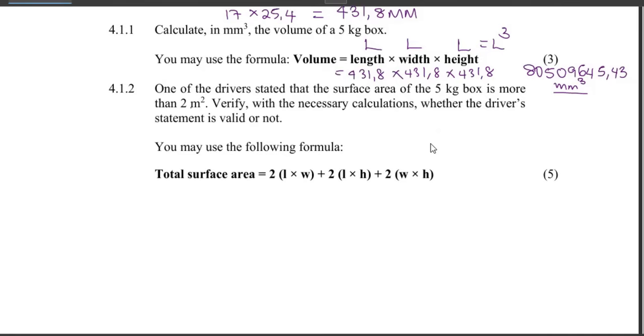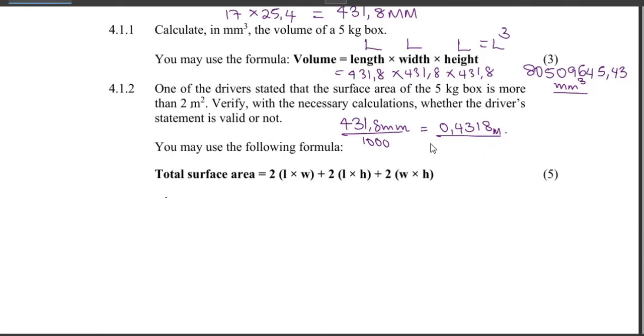By the units that we have, 431,8 these are millimeters. What do we do? Change it to meters before you start. It will give you 0,4318. These are meters. You may leave it like this and round off at the end.